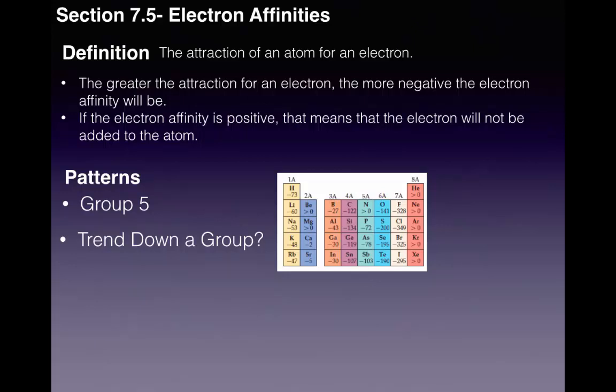And so as a result, the attraction between electrons and the nucleus decreases. But as you move down the group as well, because the electrons are farther spaced apart, the electron-electron repulsion decreases as well. And so the decrease in attraction for the nucleus and the decrease in electron-electron repulsions, those cancel each other out, and therefore there isn't one big trend down a group for electron affinity.